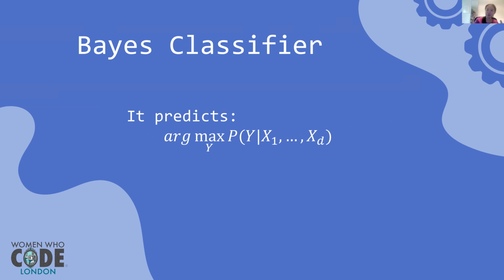Then we come to the equation part. The Bayes classifier is actually calculating the probability of whether it's going to rain or not, on the condition of my D features. Here, the P is called the probability, Y is my label, and the straight line says it is conditioned on x1 to xd.